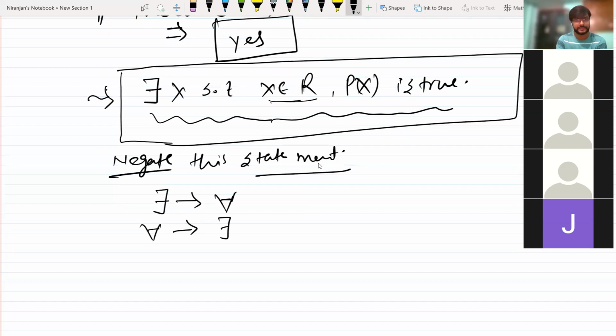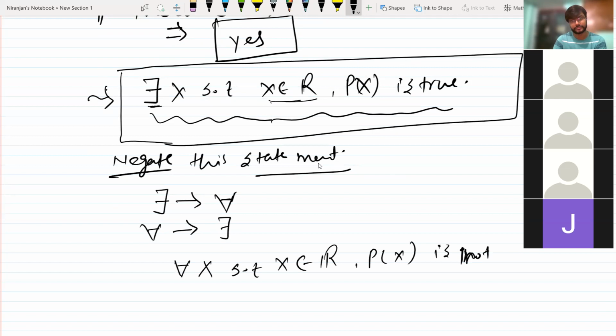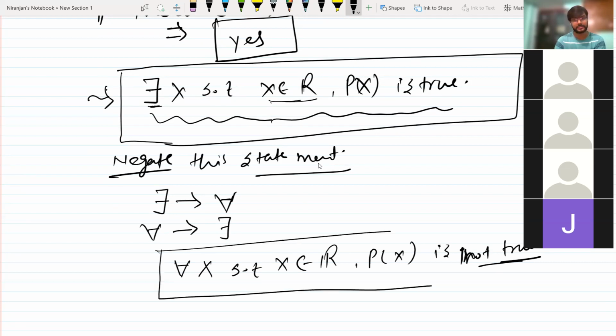So I have this particular existential quantifier. If I negate that statement, then I need to write for all x such that x belongs to R, P(x) is not true. Because it's in English, you can write "not true," which always means false. So you can say that P(x) is false. That would also work. So this is the negation of your statement.